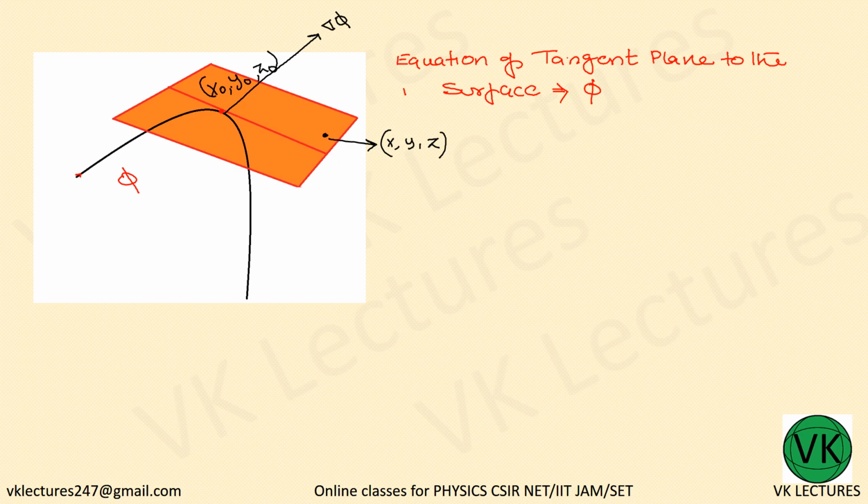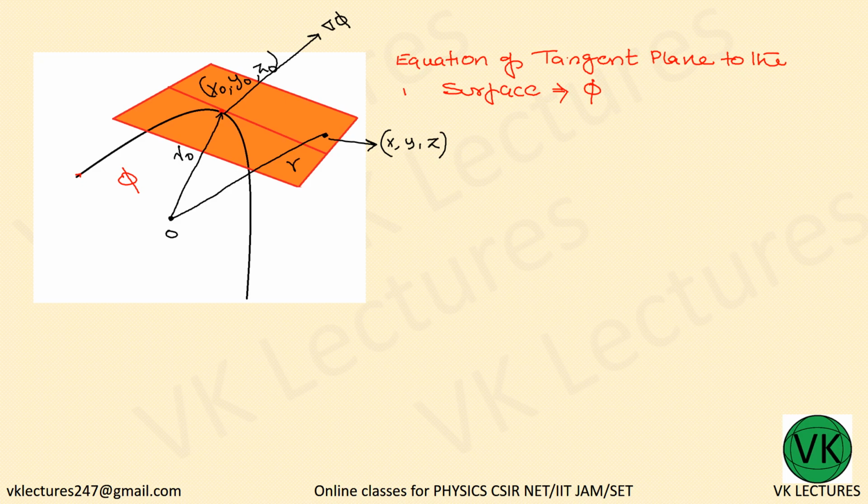Okay. Now from some center O, let us have these 2 points, one is r naught and the other vector is r.